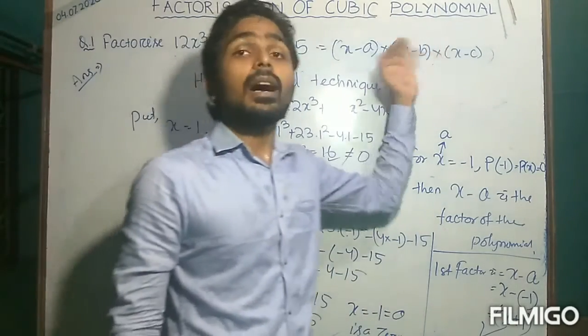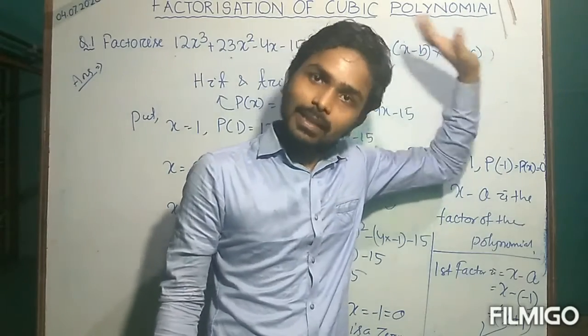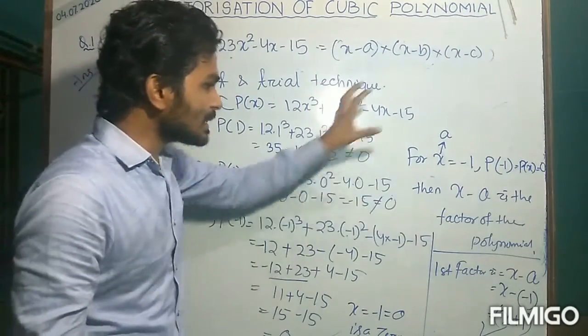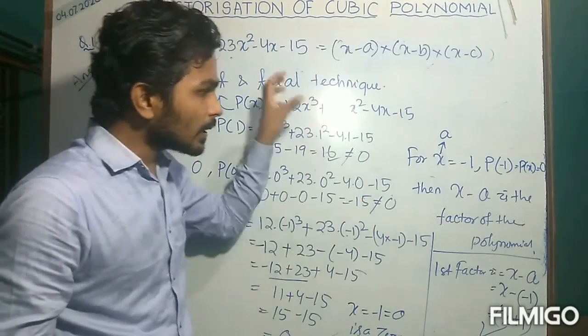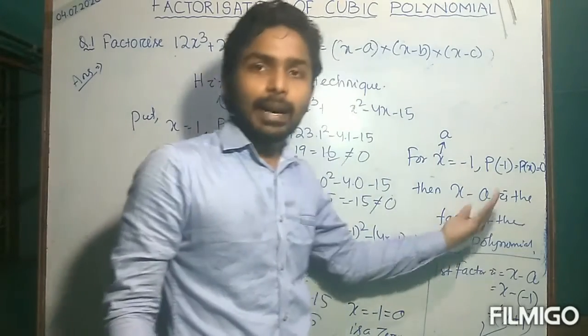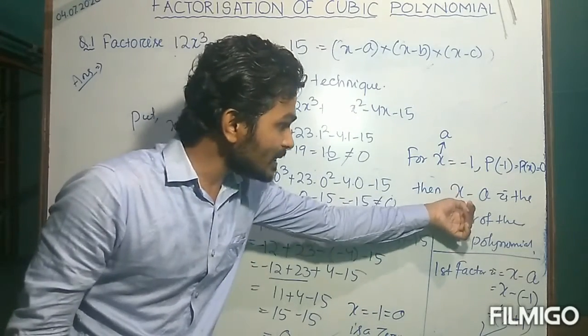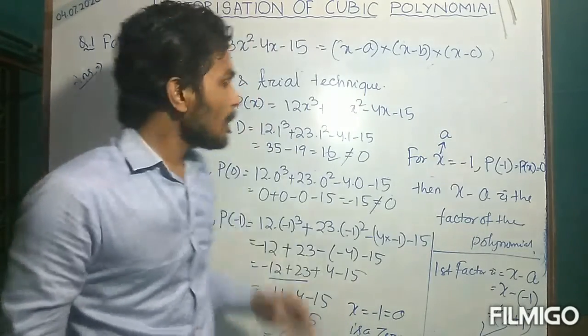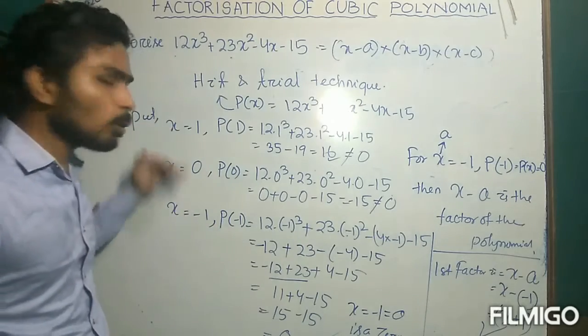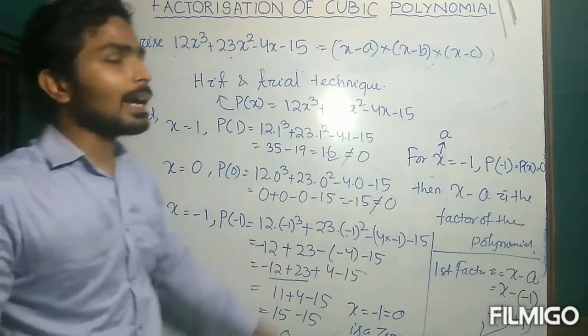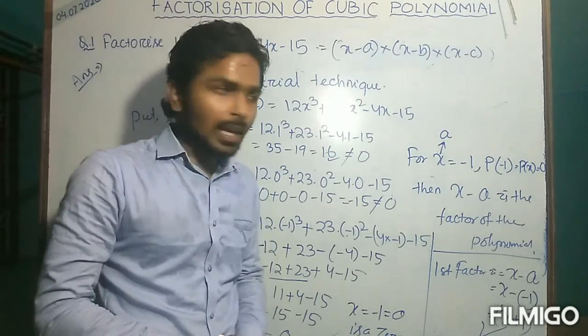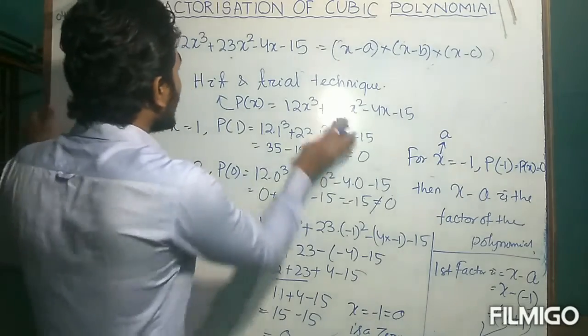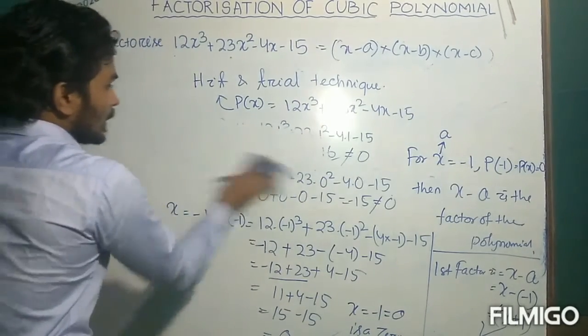Now we need to find the other two factors, x minus b and x minus c. How can we get the first factor? By finding the value of the zero, that is a, by substituting values of x using the hit and trial technique. Clear now?